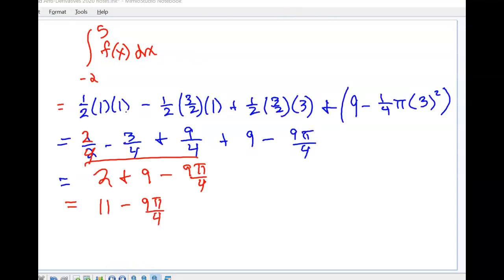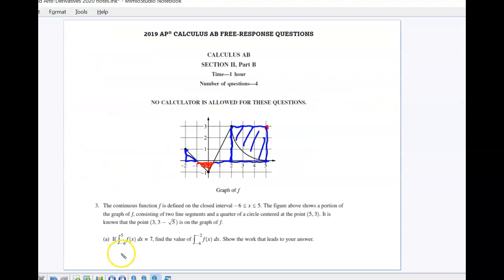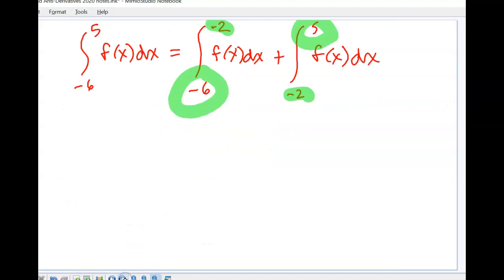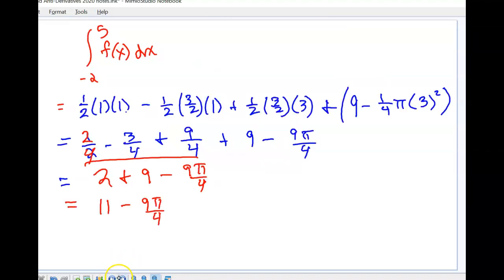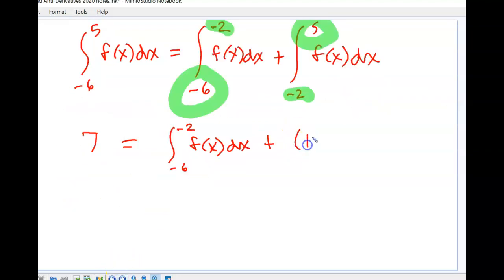Okay, and going back to what's given, we know that the area from -6 to 5 is 7. Equals, well, this is what I'm looking for. And we know that this area here was 11 minus 9 pi over 4. I guess I really don't need the bracket there.